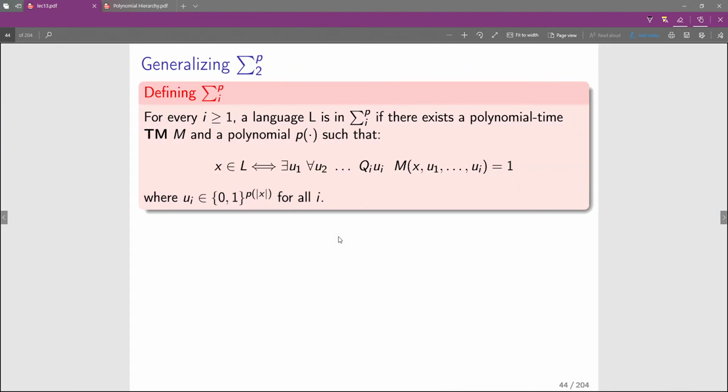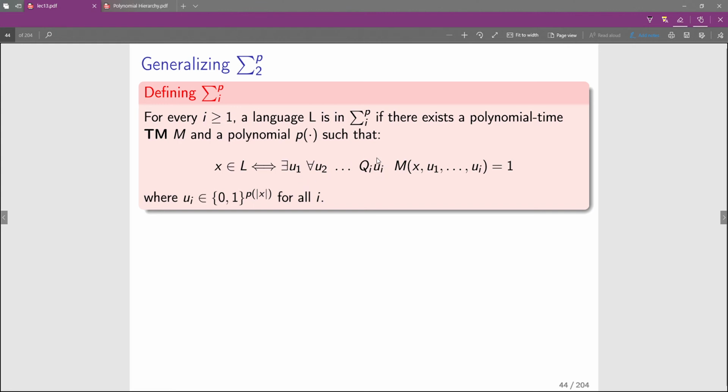So yeah, we stated this earlier. We are just generalizing sigma 2 P to the I-th level. As I said, start with the existential quantifier and keep alternating till the I-th level to define sigma I. So for every I greater than or equal to 1, a language L is in sigma I P if there exists a polynomial Turing machine M and a polynomial p such that x belongs to the language if and only if there exists U1, for all U2, keep alternating till the I-th level, UI.